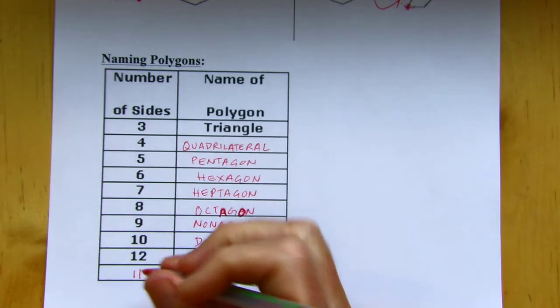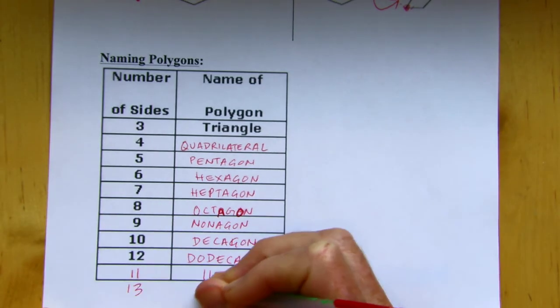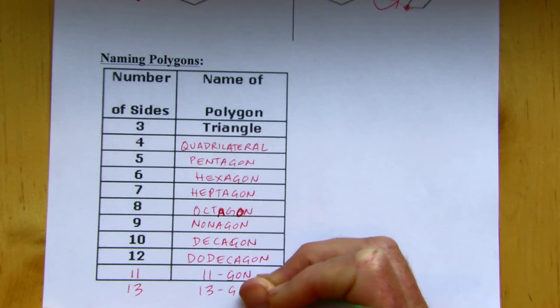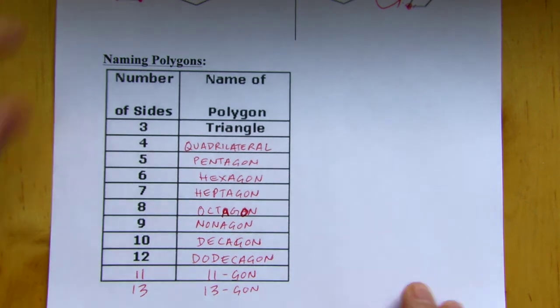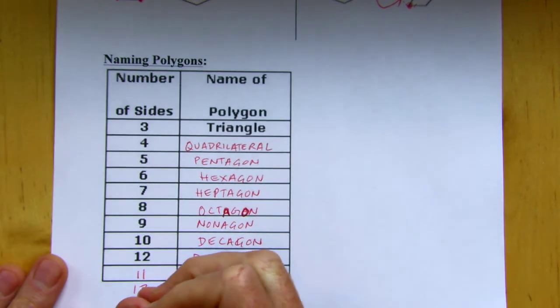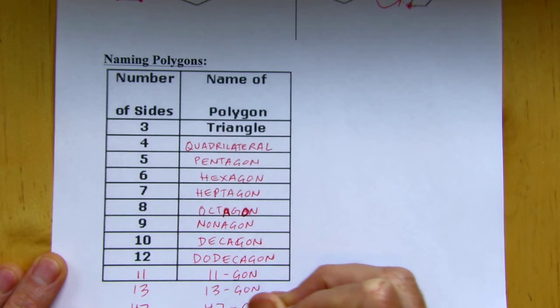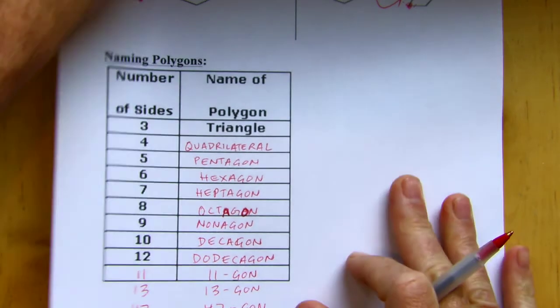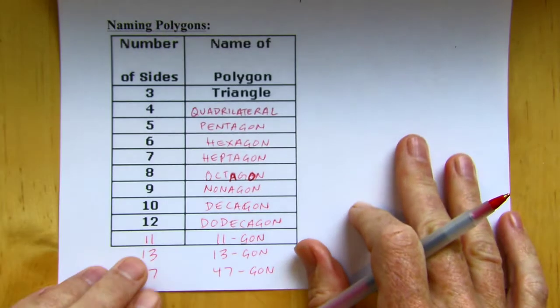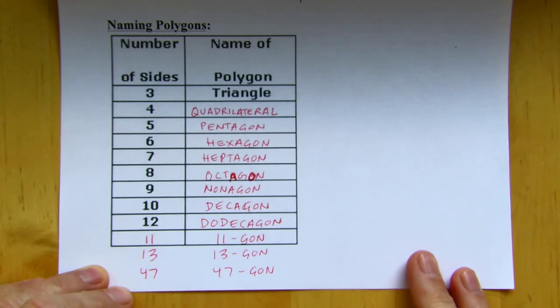But, you know, we could go on forever, and we don't want to spend all year memorizing the names of polygons. So anything that's not on this list, say we have a 47-sided polygon, we'll just call it a 47-gon. Okay? Or we could have a 999-gon or whatever, right?